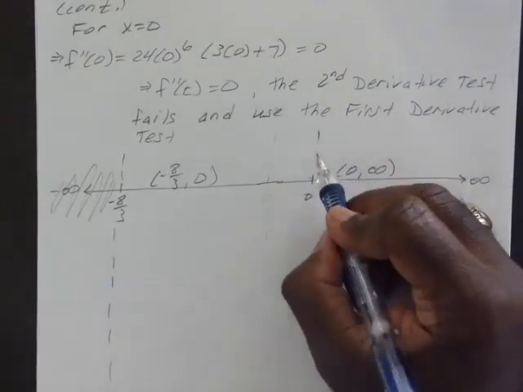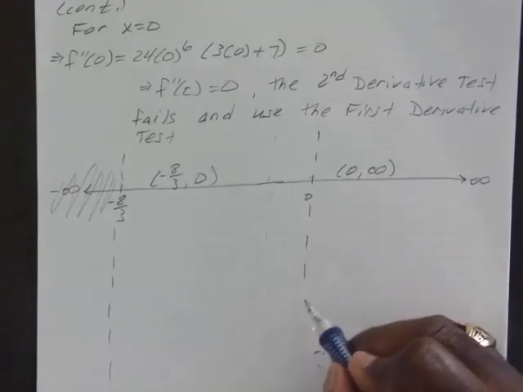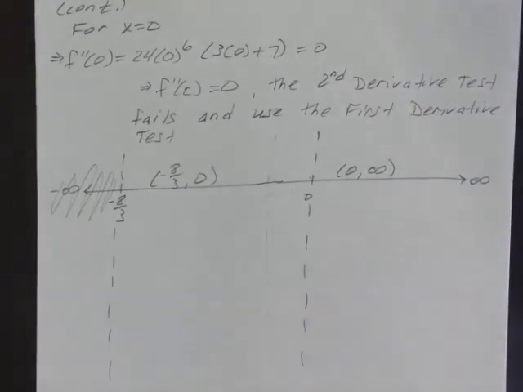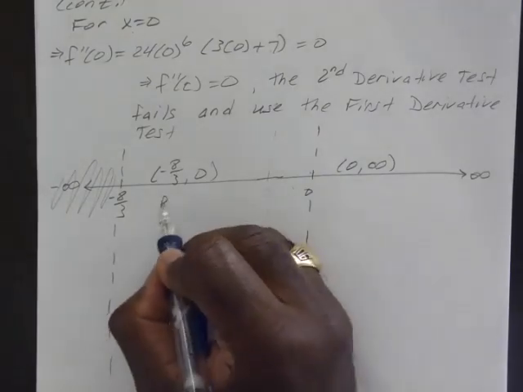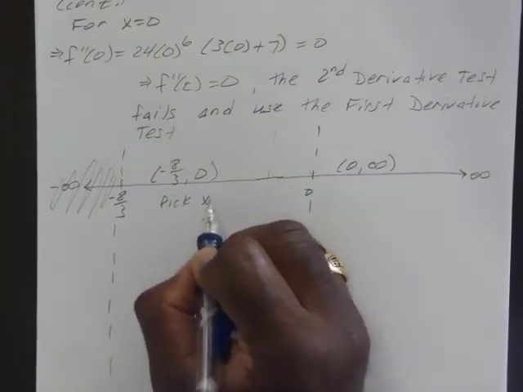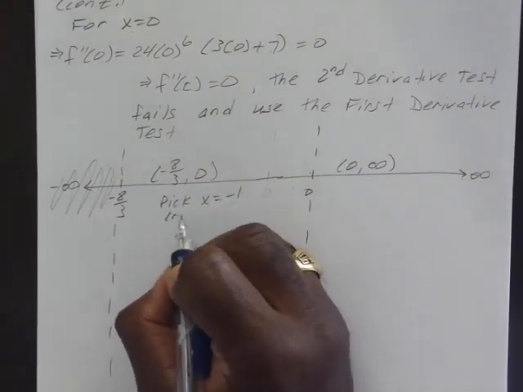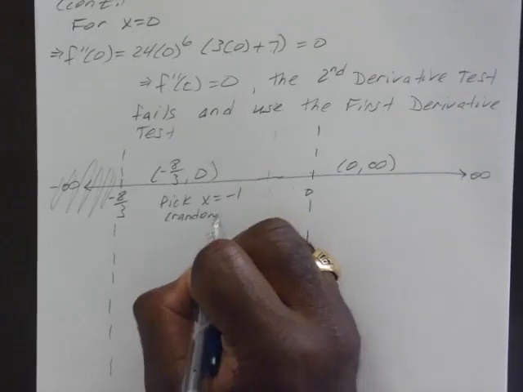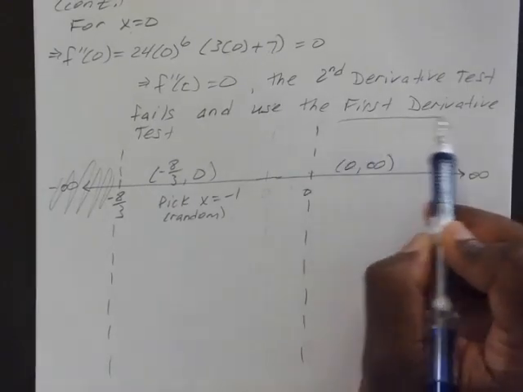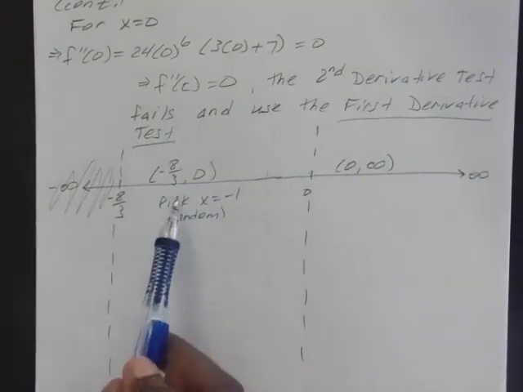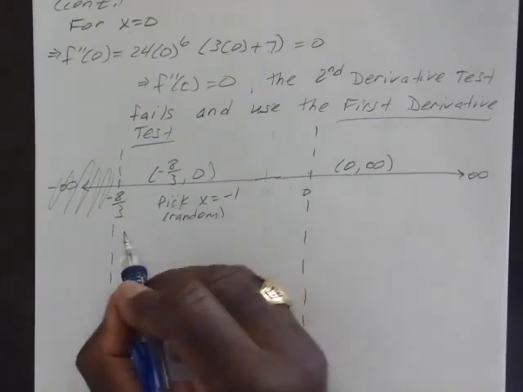Okay, so from -8/3 to 0, I'll pick x is equal to -1. Since we're using the first derivative test, remember, we're plugging this into the first derivative.